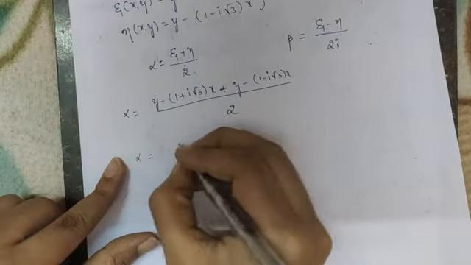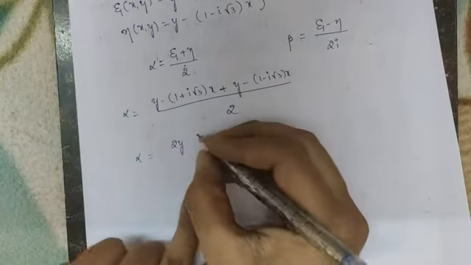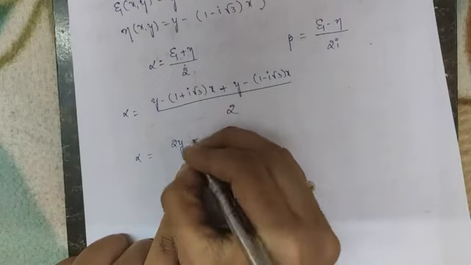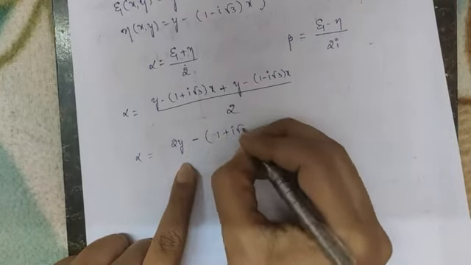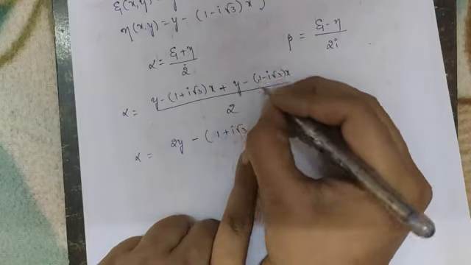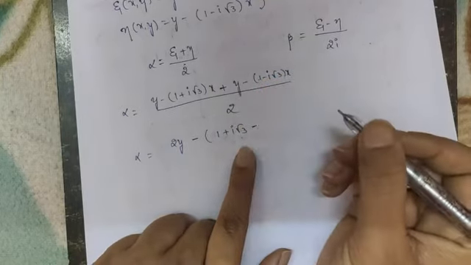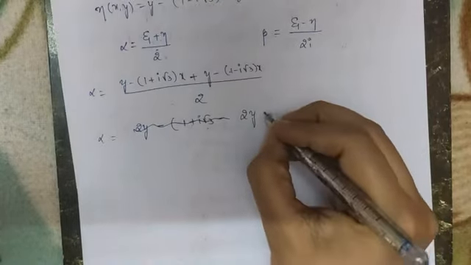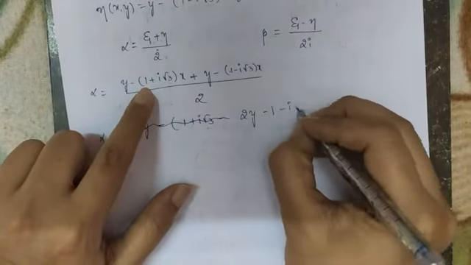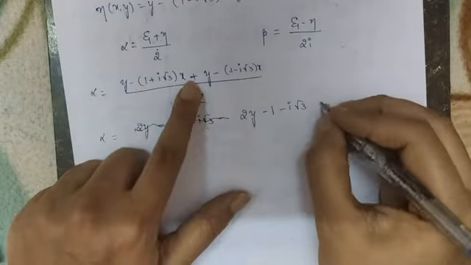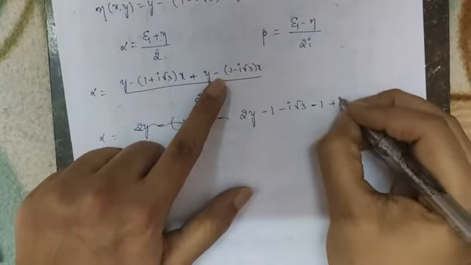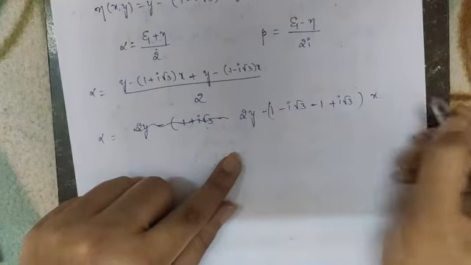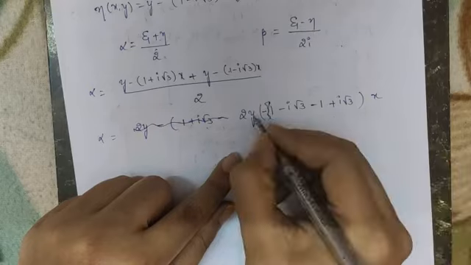So you will get alpha as 2y, and if you expand this you will get minus of 1 plus i root 3 minus 1 minus i root 3, for all this we have x, right?